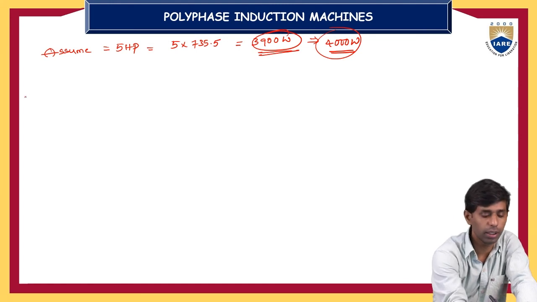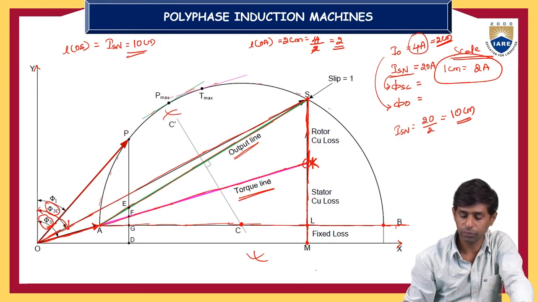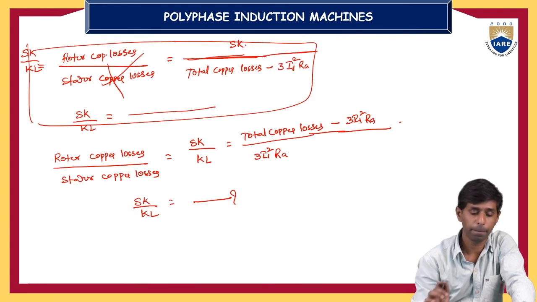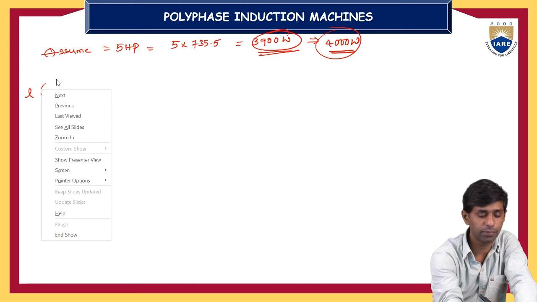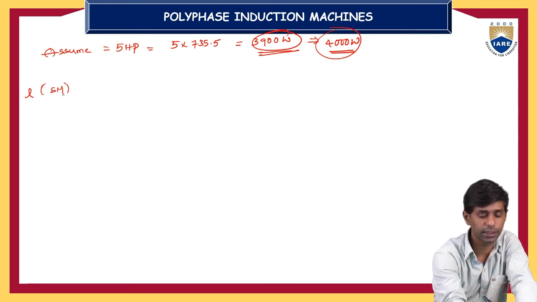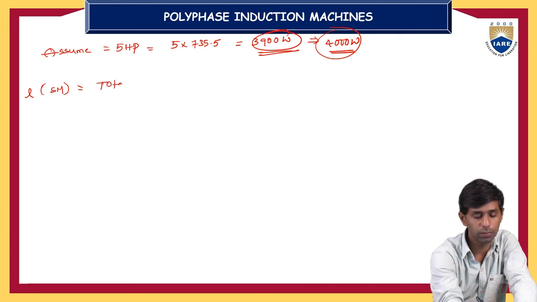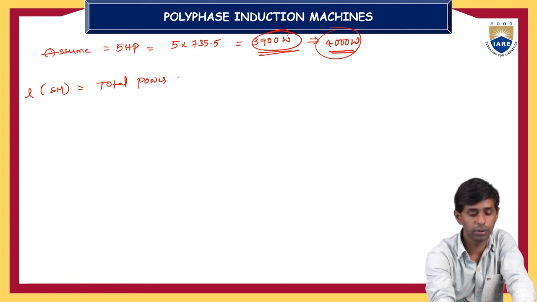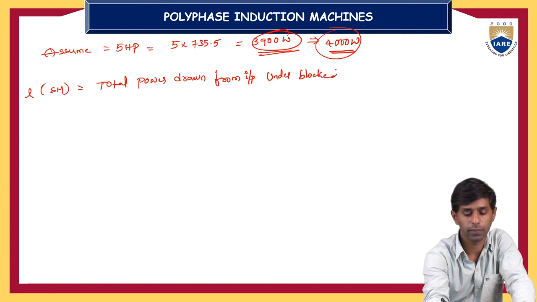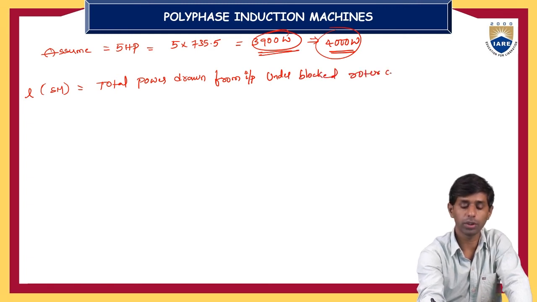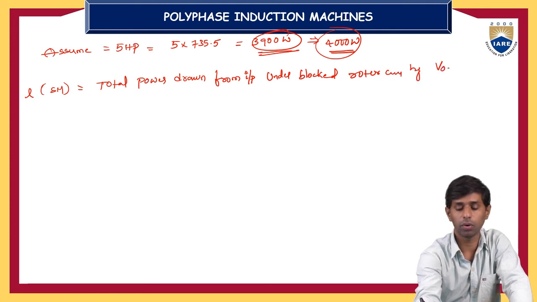Now the length of SM is nothing but the total power drawn from input under blocked rotor test, under blocked rotor condition by applying rated no-load voltage.